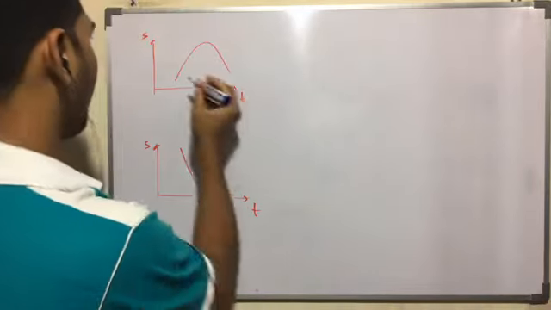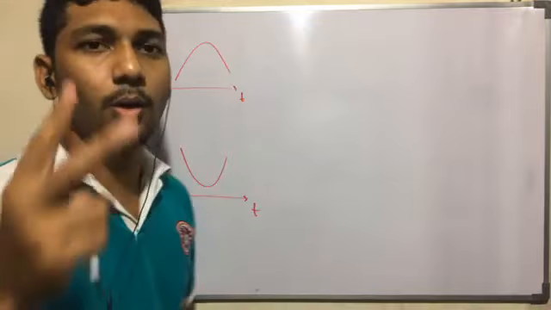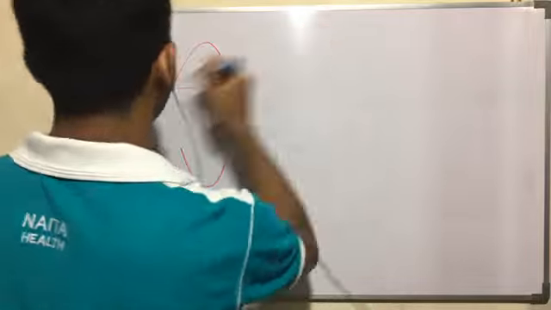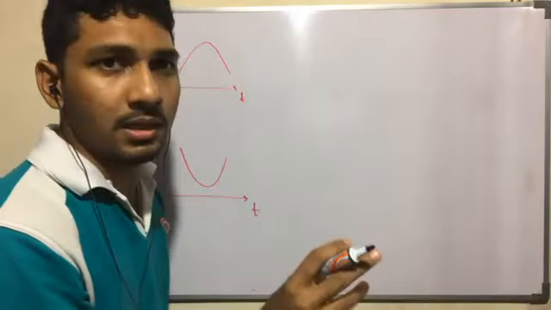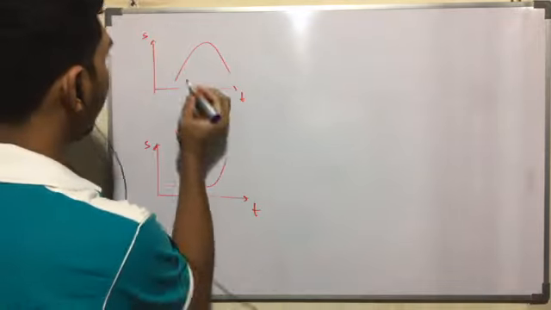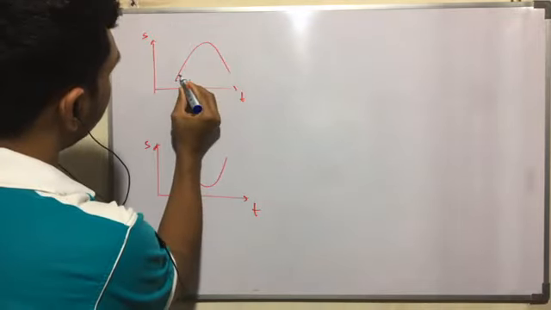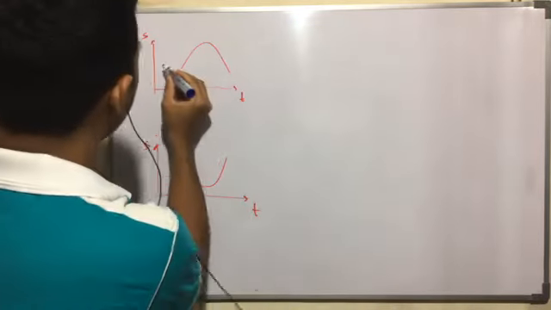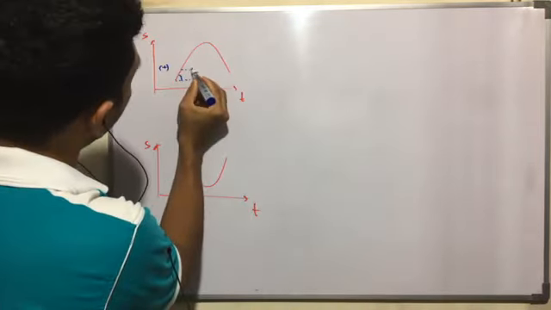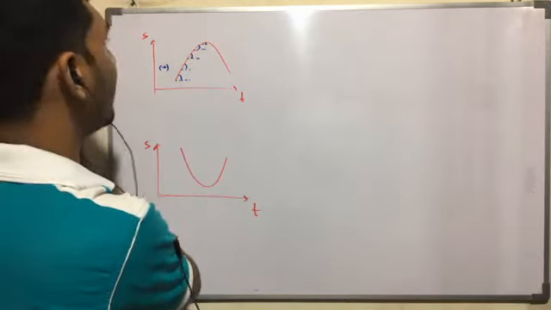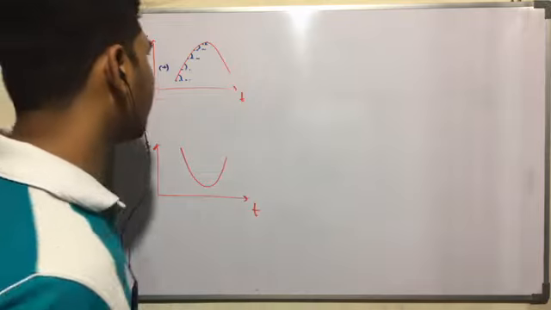Here you have to consider only 2 things about the gradient. When converting this ST graph to a VT graph, you know that the gradient of the ST graph is the VT graph. First, if we see the angle, this is an acute angle, so the gradient is positive, and with time it is decreasing. Here it becomes flat.